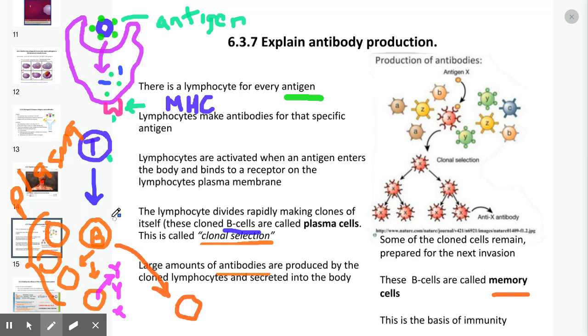So you have millions of B cells, all clones, all making the same antibodies to defeat this virus that's attacked you, or maybe this bacteria, but in this example, it's a virus. And we are also going to make a group of memory cells so the next time you get sick, we can have an immune response happen much quicker. And then you never know you're sick. The virus has entered your body, and boom, you have the immunity for it, and you can defeat the disease very quickly. These are called memory cells.